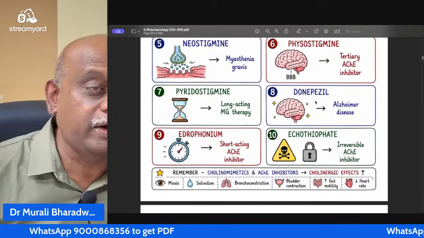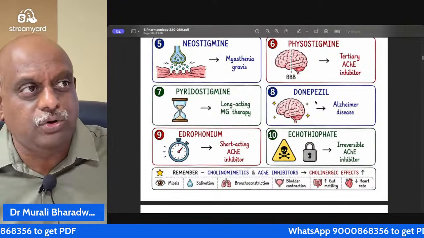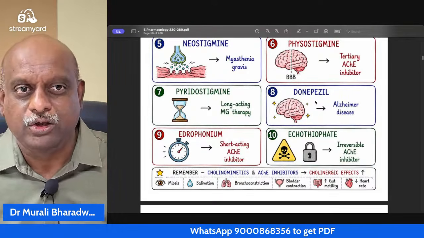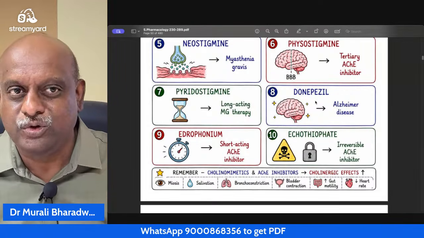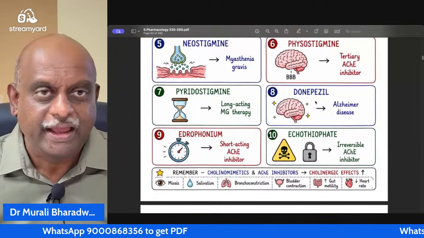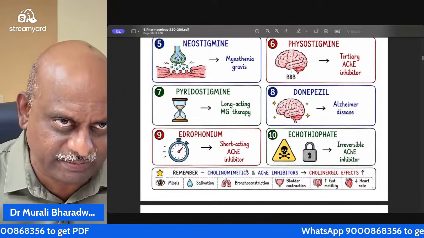Donepezil: what is the cause for dementia and Alzheimer's disease? It is also considered to be low acetylcholine. Donepezil is a centrally acting cholinomimetic drug, which will help patients of Alzheimer's disease. Edrophonium is a short-acting acetylcholinesterase inhibitor.